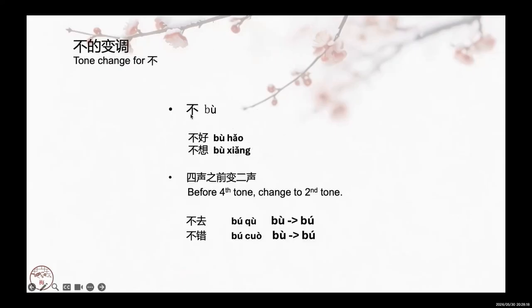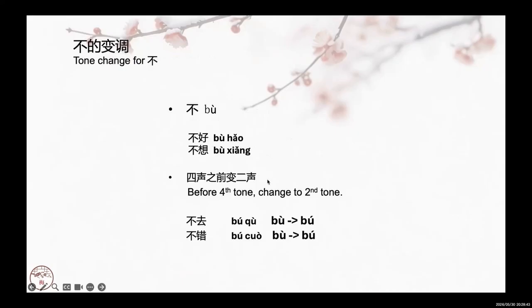So the character bu means not, no or not. The normal pinyin for bu, the pronunciation for bu, is 4th tone. Bu hao means not good, 不好, 不想 not want.